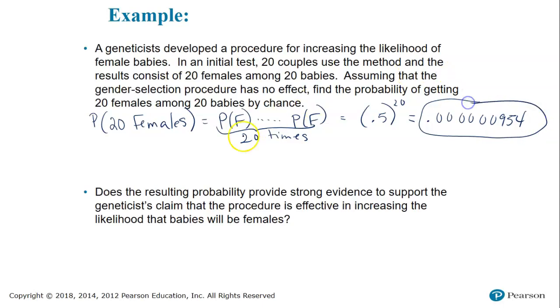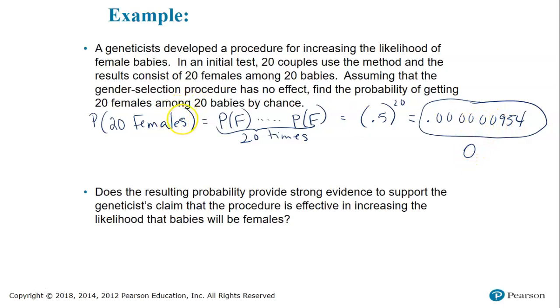Okay, as far as how I interpret this, does the resulting probability provide strong evidence to support the geneticist's claim that the procedure is effective in increasing the likelihood that babies will be females? Okay, if I look at this probability here, it tells me it is extremely rare because remember, 0 is impossible as a probability, and this is very close to 0.